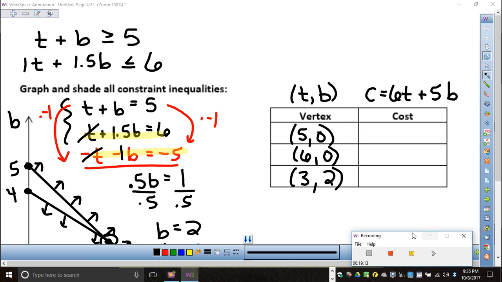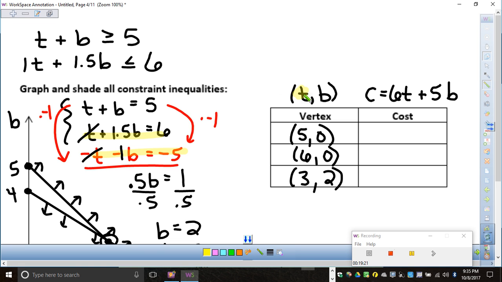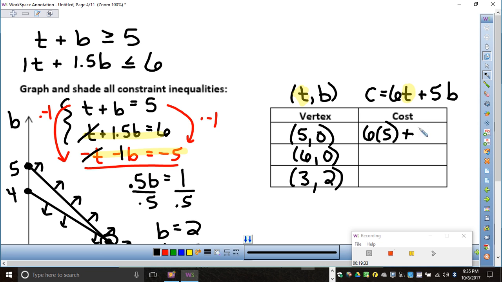All right, our final step is to plug these combinations into that cost equation. Again, making sure that whatever the first variable is that's listed in your vertex point is the first variable that's listed in your equation, so that you're putting the right numbers in the right spot. So let's see the cost for 5 train rides, 0 bus rides.